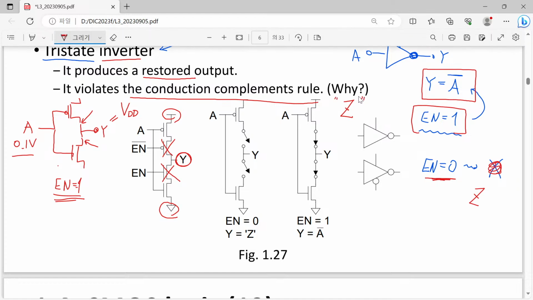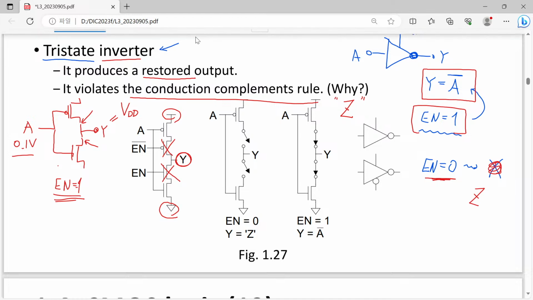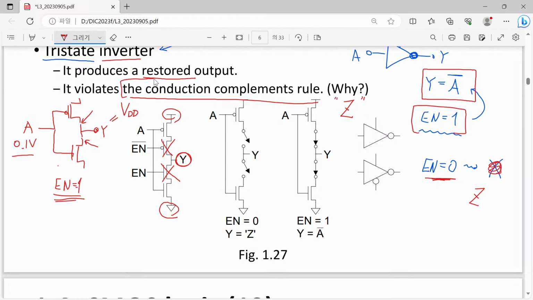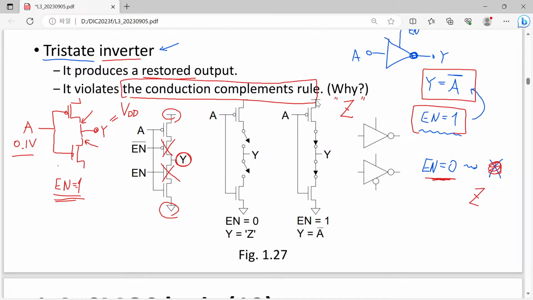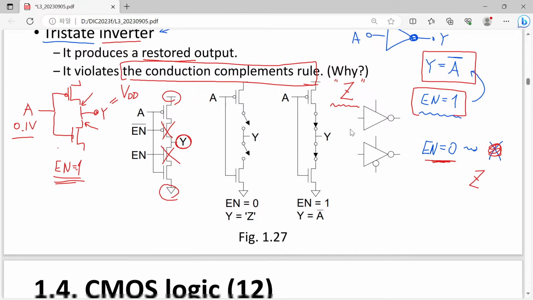If our circuitry exactly followed the conduction complement rule, then this state would not be possible. So intentionally we have to disobey or break the conduction complement rule. That is quite easy to understand.